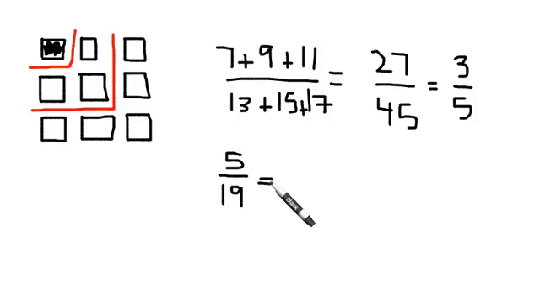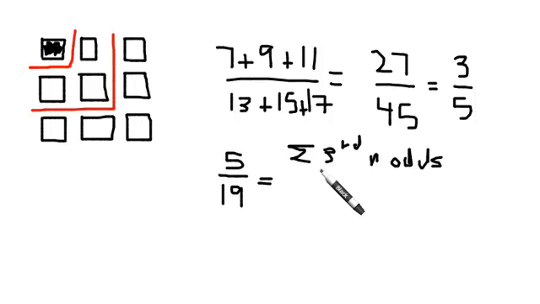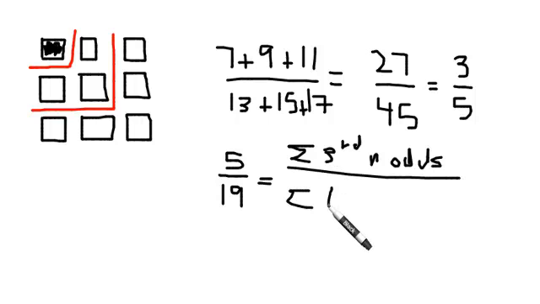So 5/19 should be the sum of the third set of n odd numbers divided by the sum of the 10th set of n odds.